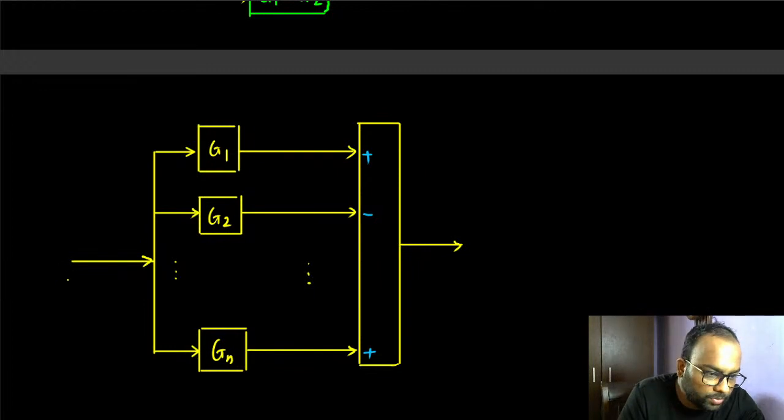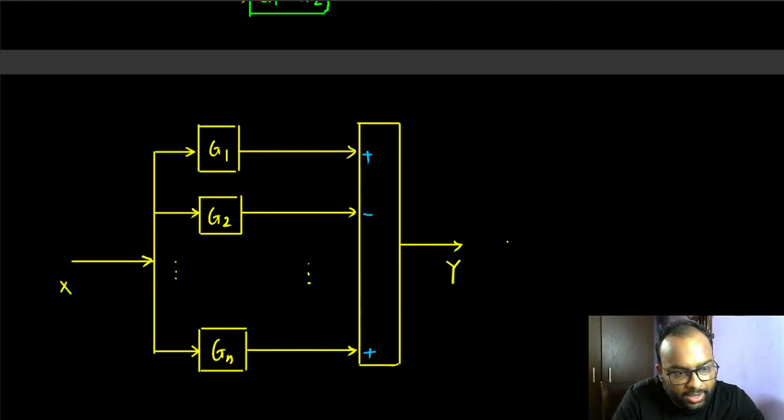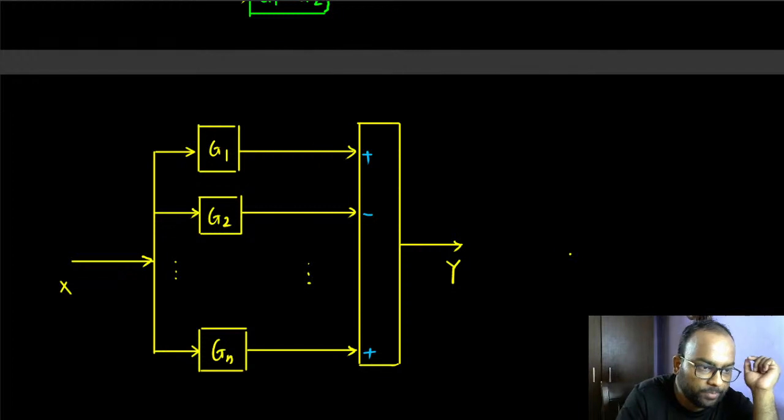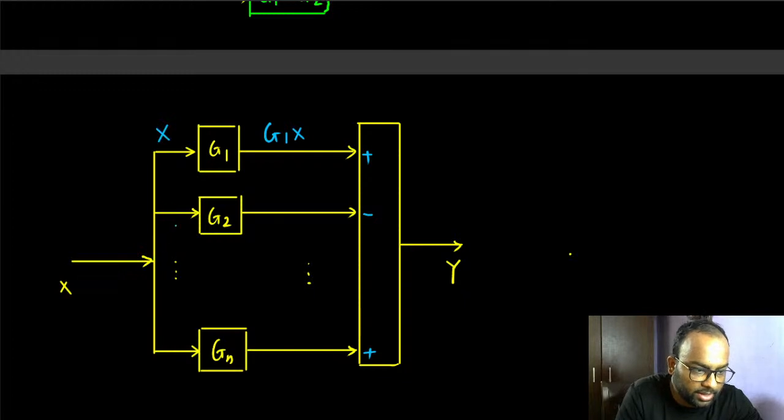All right, so again, thank you for confirming that you understood. Here the output y will be equal to G1. Before I actually write down the output, what is the signal here? That's going to be G1x, because this signal x appears everywhere, right? All of them have x. So this is going to be G2x.